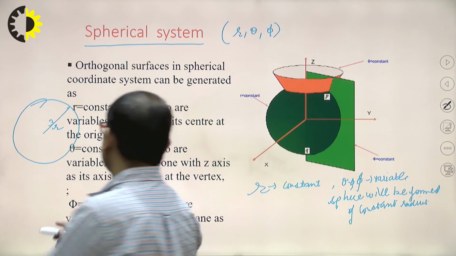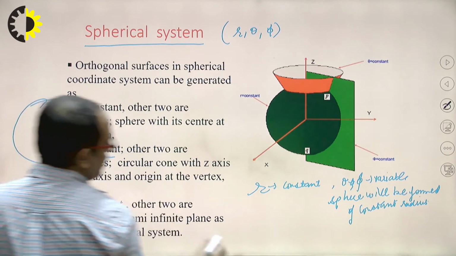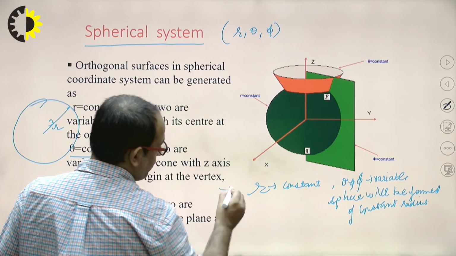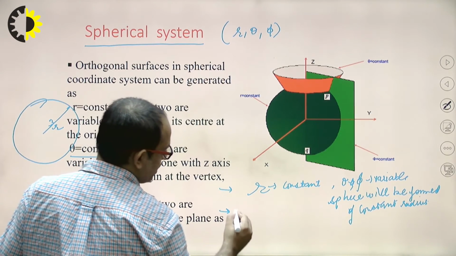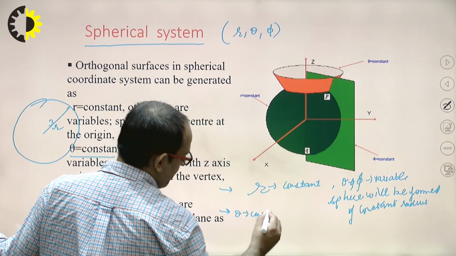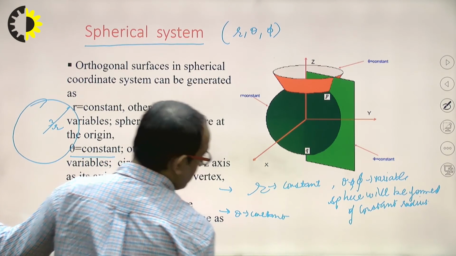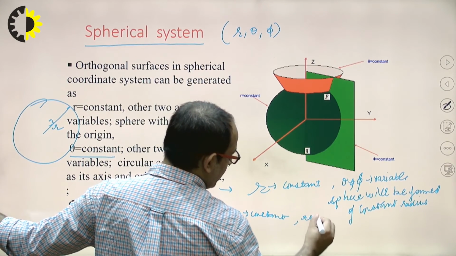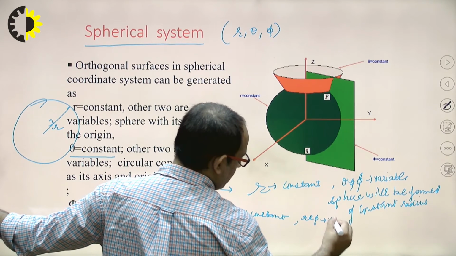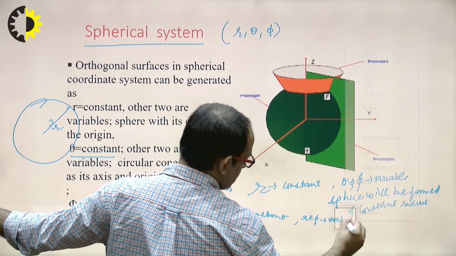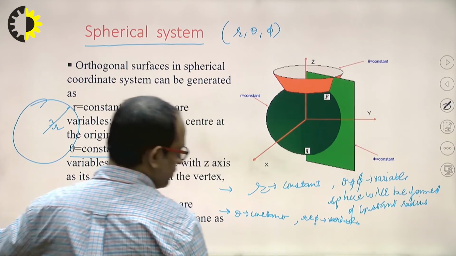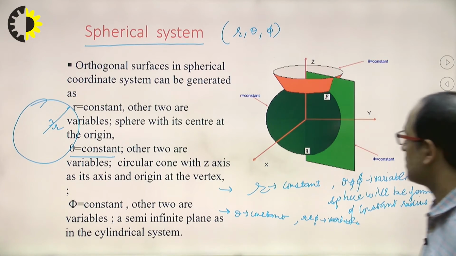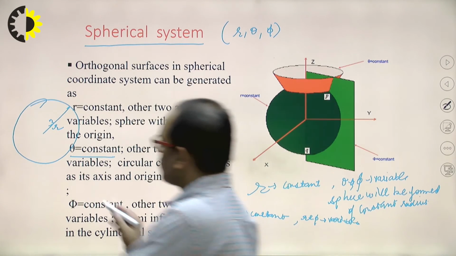Now if I say that theta is constant and R and phi are the variables. Now see that theta is constant.